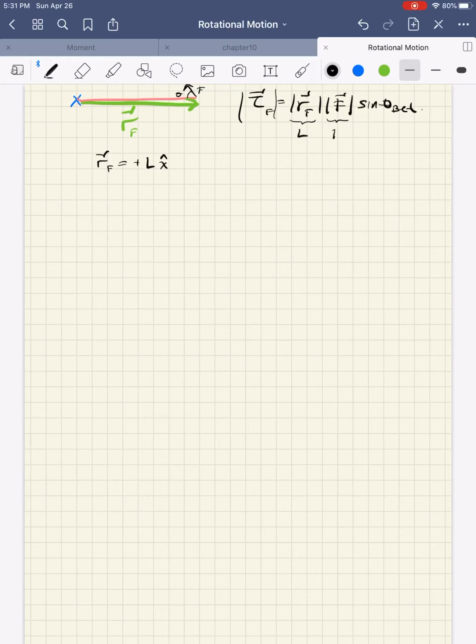We already know the magnitude of F is just F. And so I would need to find the angle between r sub F and F, and I do that by matching them up tail to tail, like this. And this is the angle between the two vectors. And so looking at this quantity, the angle between them is going to be equal to pi minus this angle theta that's given.